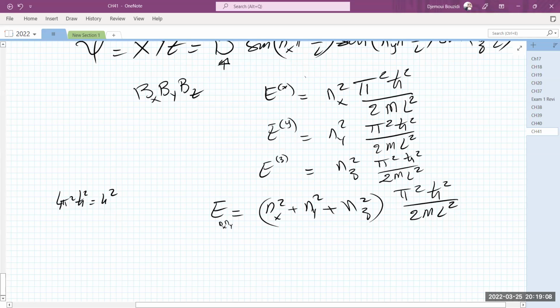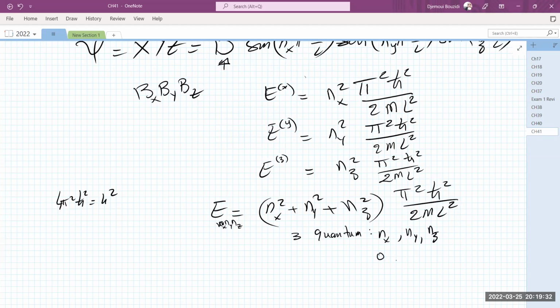So I have Enx, Eny, Enz. Basically, this energy depends on all of these three integers. So it's quantized, and its quantization depends on 3 quantum numbers, not just 1. Because it's a 3-dimensional problem, we have 3 quantum numbers, nx, ny, and nz, and each one of them can be 1, 2, 3, and so on and so forth.